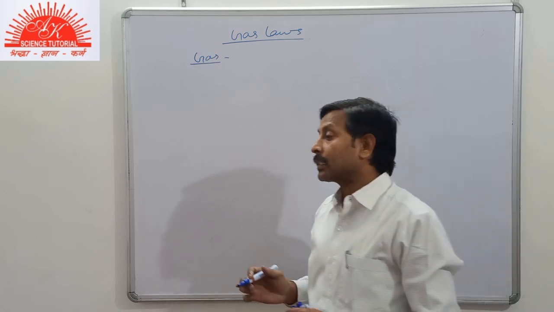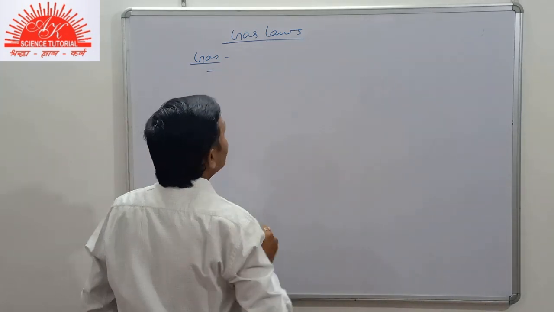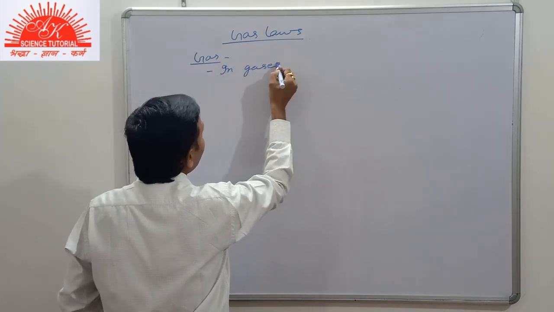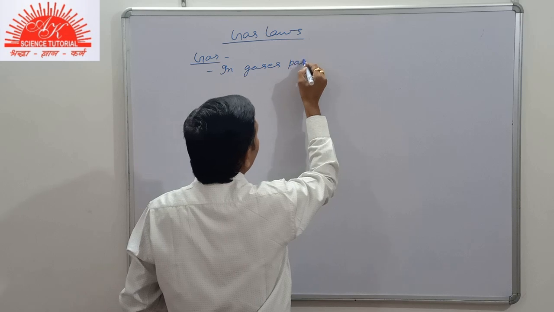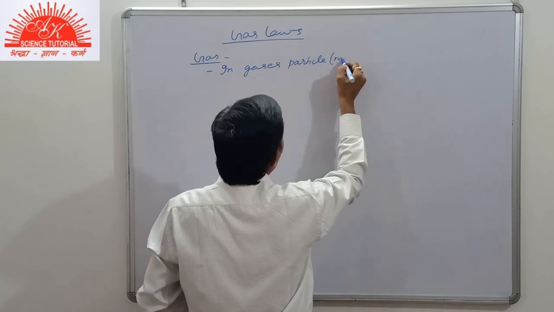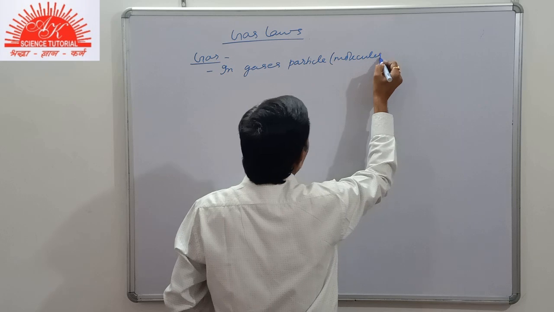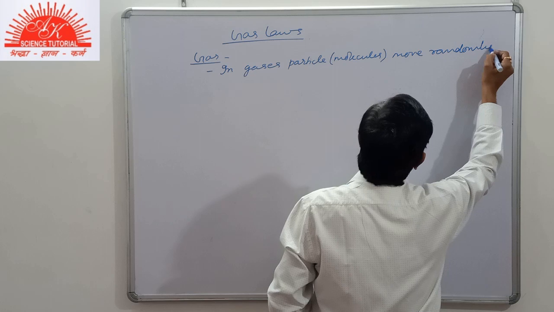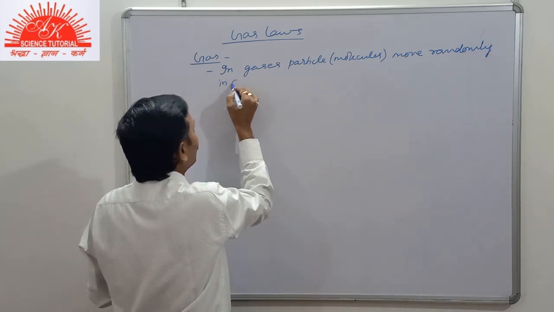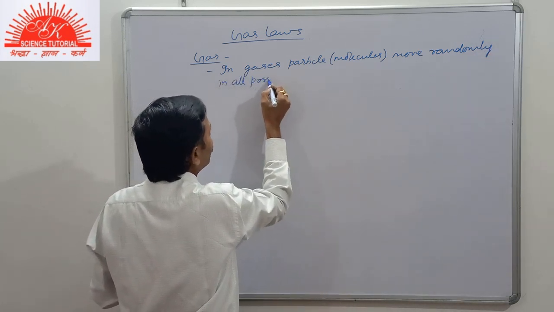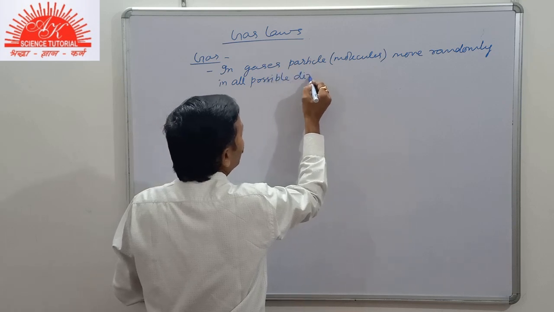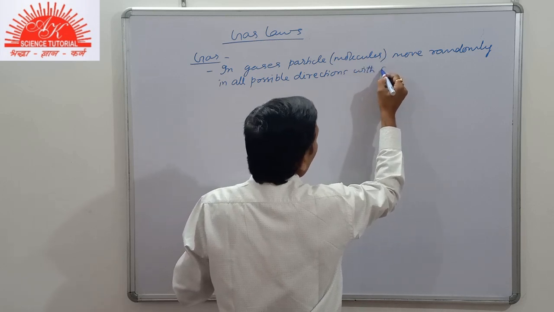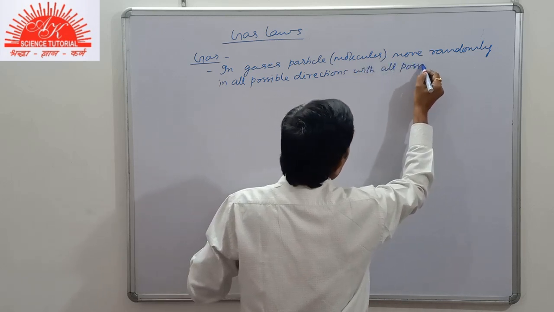So these points can be summarized point-wise, like you see, that is, in gases particles, mainly molecules, move randomly in all possible directions with all possible speeds.